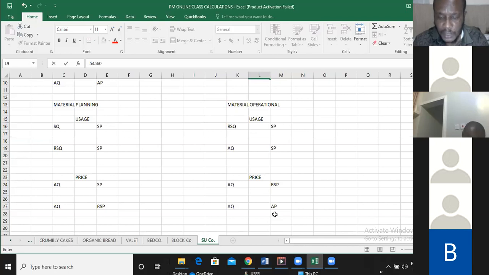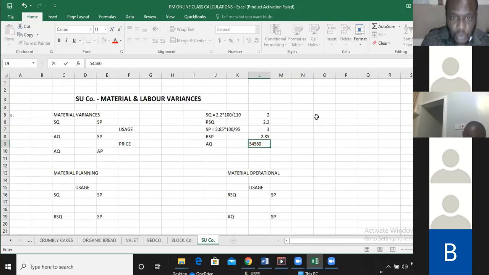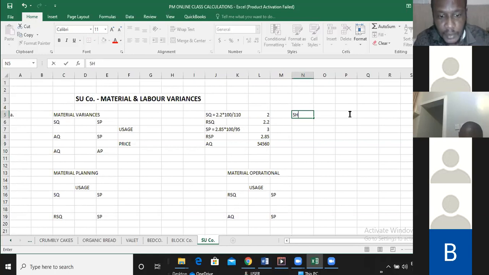So our standard hour, 8 minutes, was standard, then the revised standard hour was 10 minutes, Abi? Yes. Standard hour is 8, right? Remember, that has to be 8 divided by 60, because we have to get it in hours.